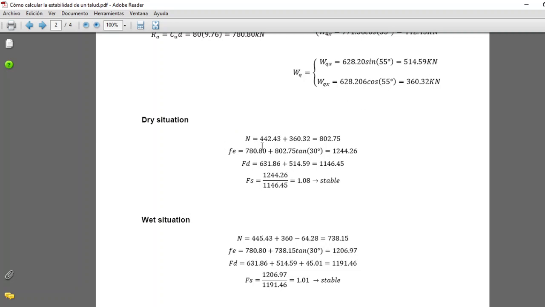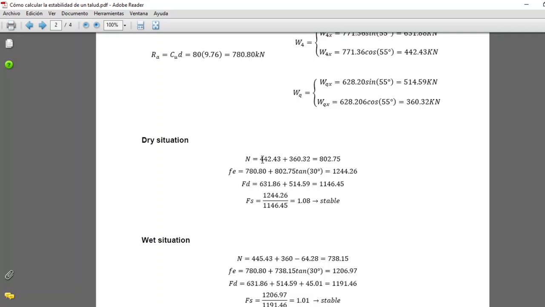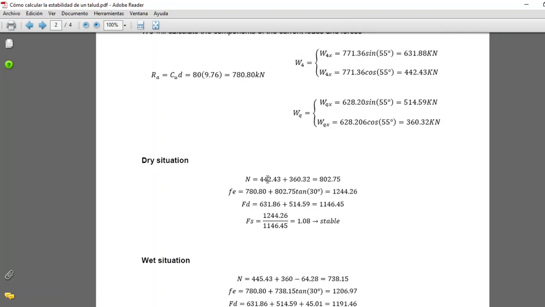First, we need to know N, and we add 442.43 plus 360.32, and we have 802.75, and this is the component of W4, and it's the same case for WQ.